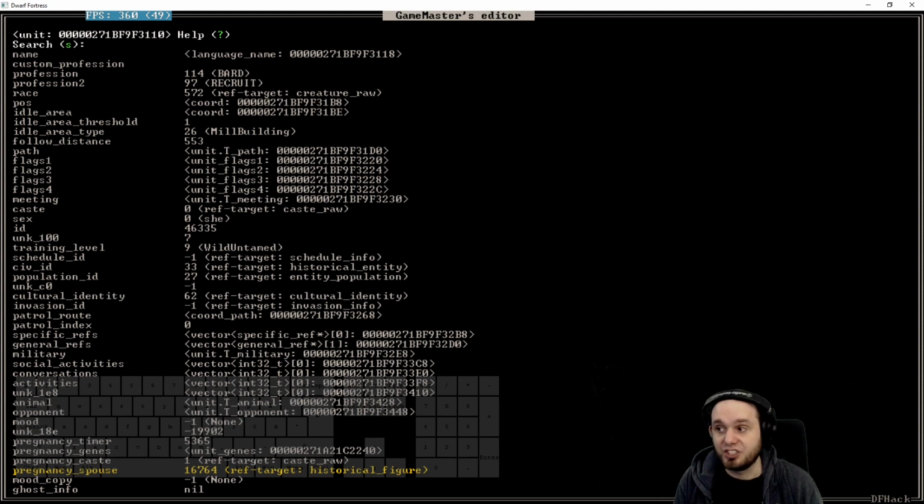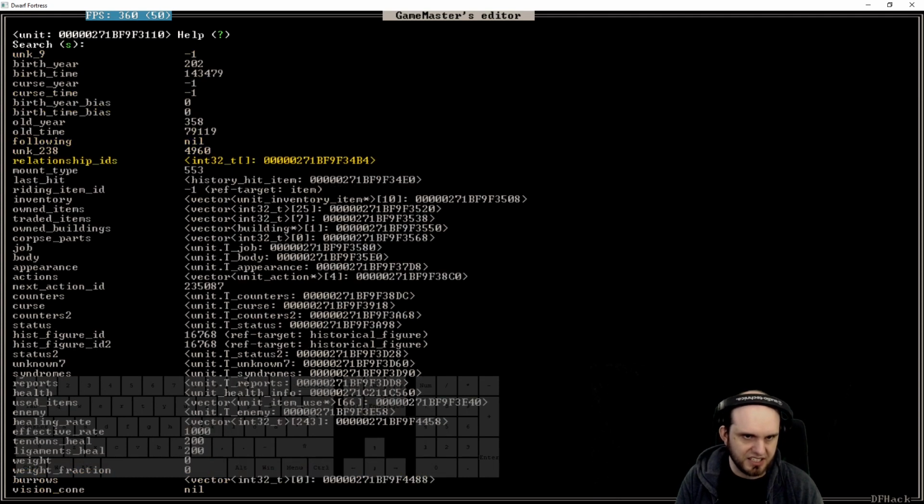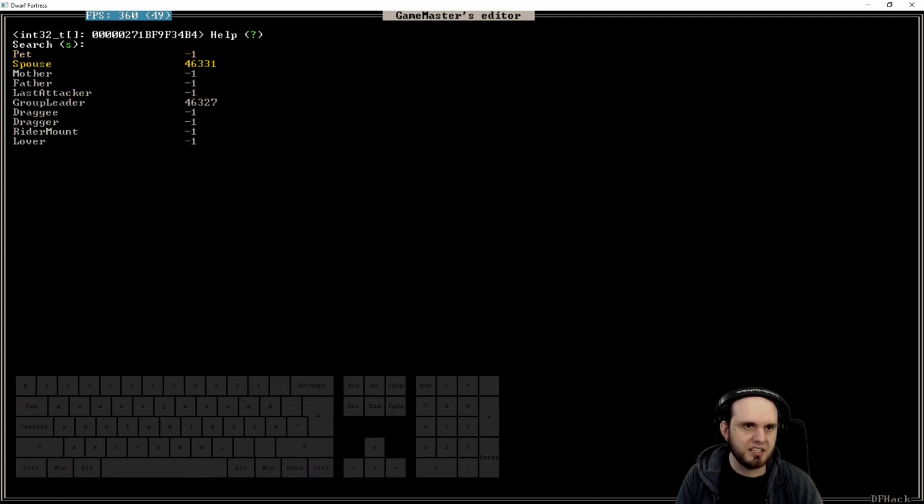Who the mother is is generally well understood when a baby is born. So they've changed that in the relationships IDs vector here. Here they use the unit ID.